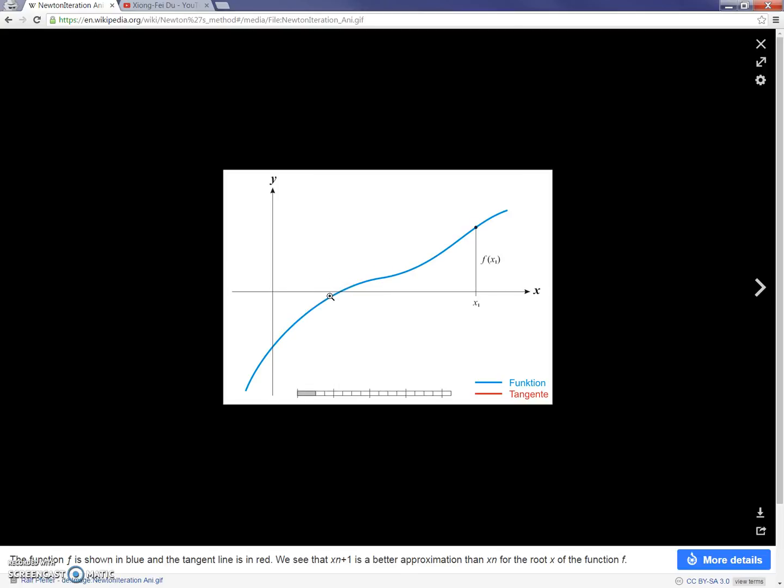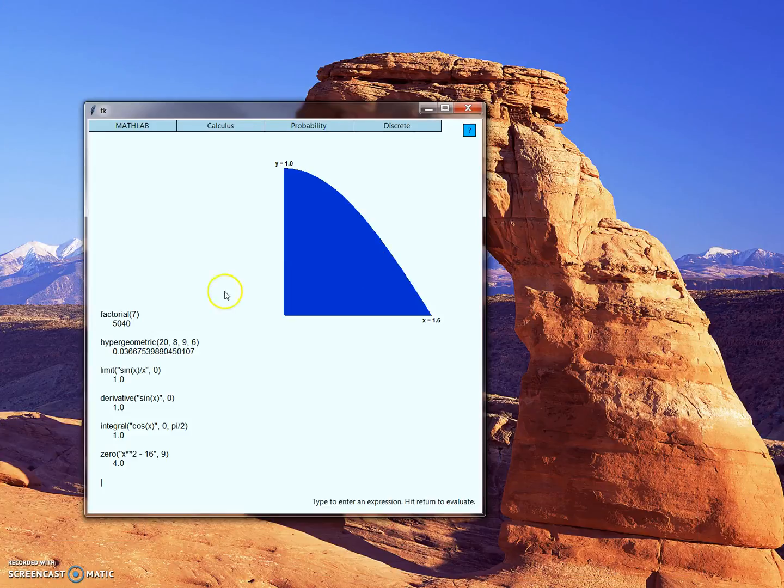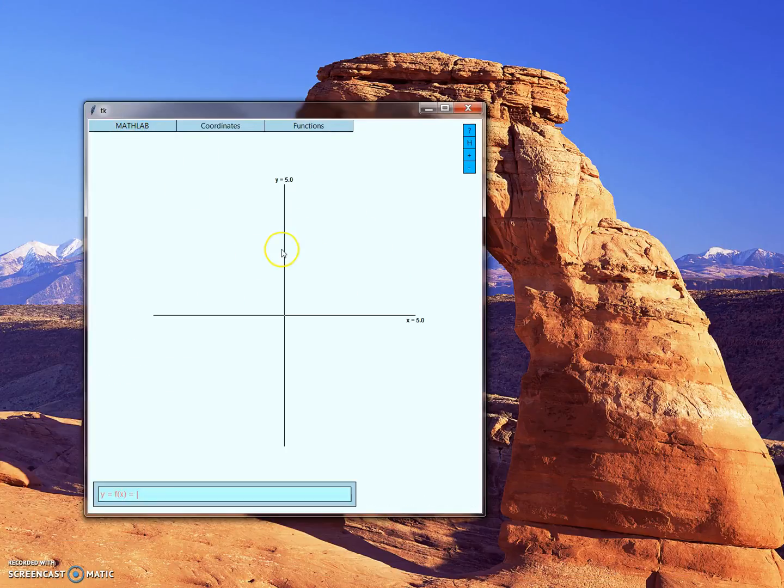However, not in all cases does Newton's method always work. For example, let's consider the example. I would go into 2D mode here. Let's just say that we have x cubed minus 2x squared plus 2. And you see here that there's a region here.